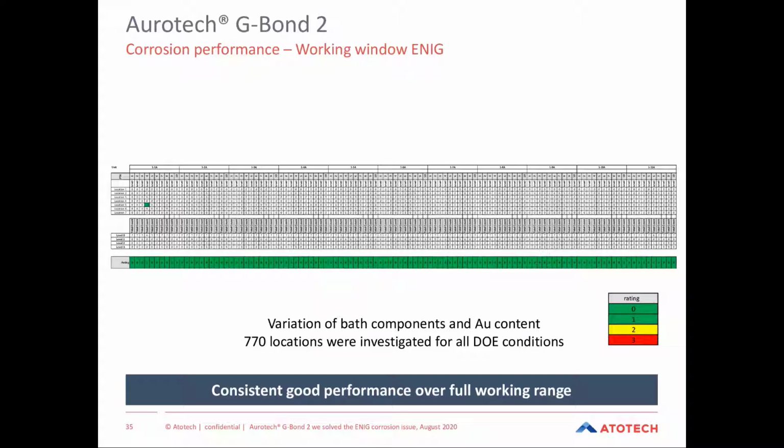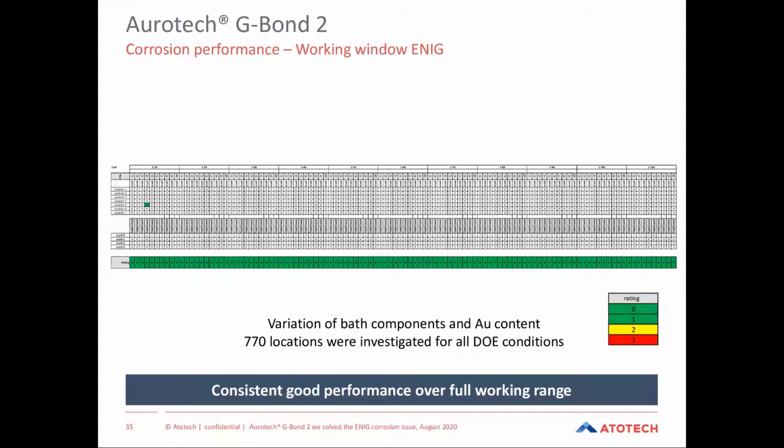But what you see is that you basically have a full rating of 0 for all the conditions. If you look very closely, there are in fact 3 single locations where you find one small corrosion spot.